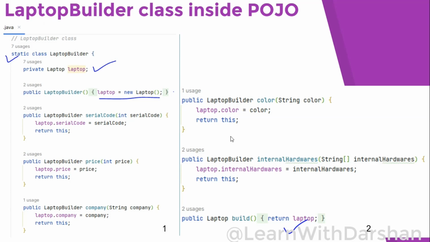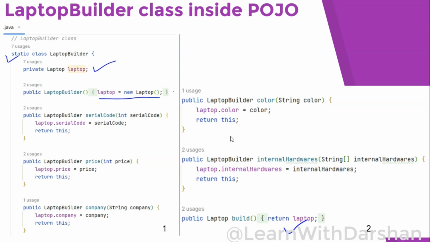In the laptop builder class, we have created one instance of laptop, which we initialize inside the constructor of laptop builder with the help of the new keyword: laptop equal to new Laptop. So when we invoke the builder method, it returns the object of laptop builder, and indirectly it is creating the object of laptop.